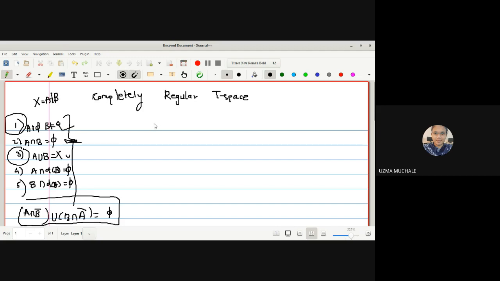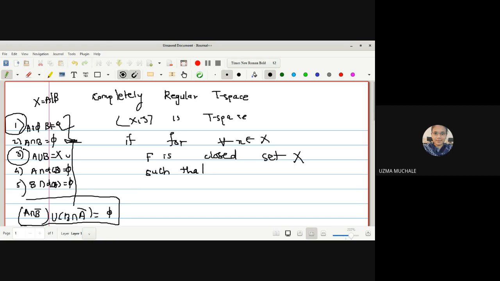X is said to be a completely regular space if X is a T1 space and for all x belonging to X and F a closed set in X such that x is not a member of F. That is, we have one closed set and a point.